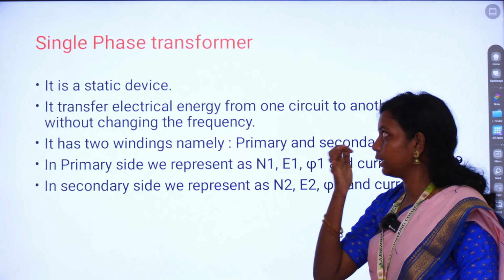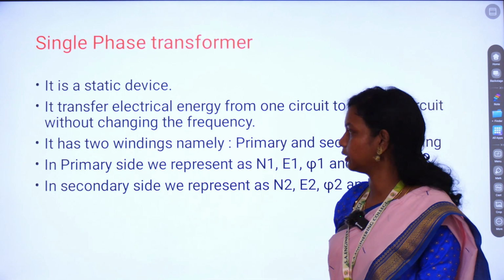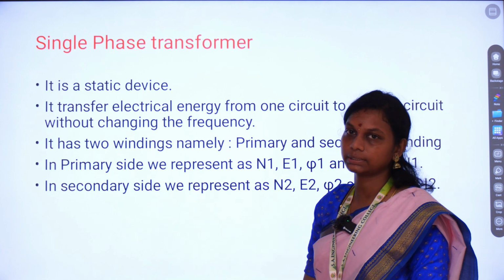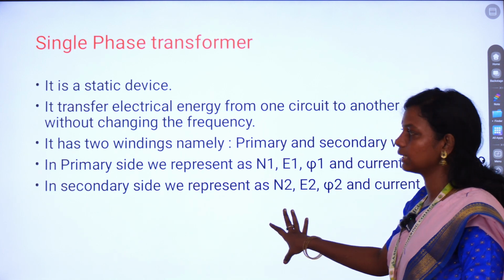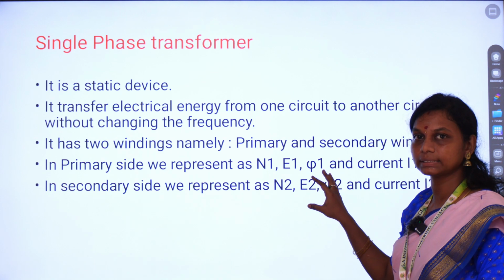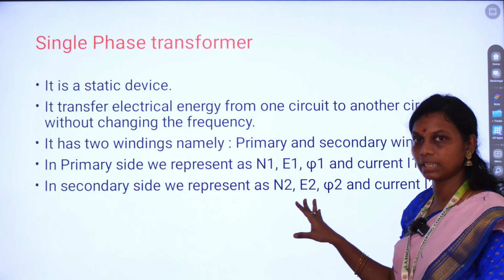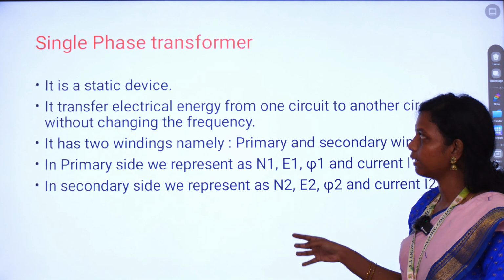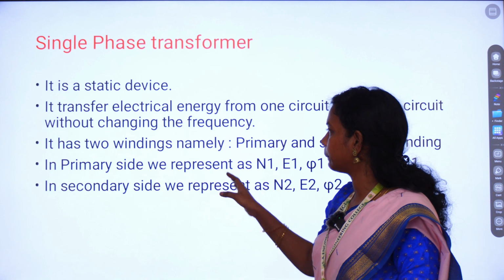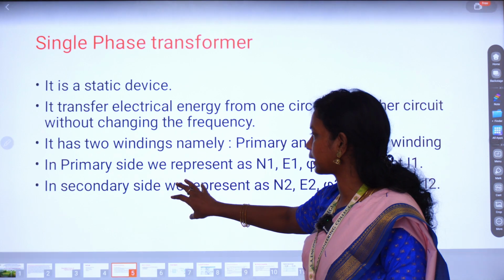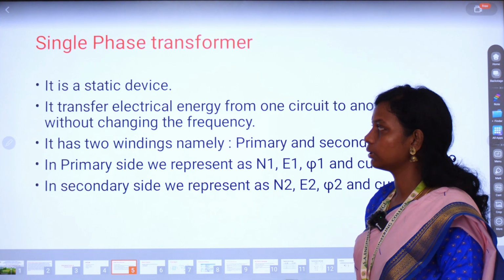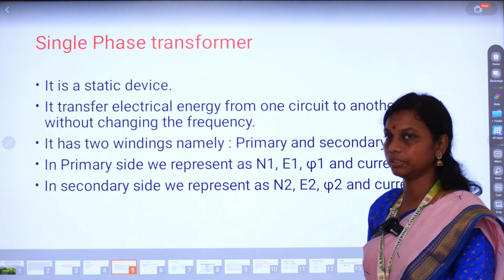So while making the transformer equivalent circuit, we have to concentrate mainly on the primary side and the secondary side. As well as in the GATE concept, the primary side is referred to as the primary and the other is referred to as the secondary. Why do we have to go for the equivalent circuit? While we have separate circuits for the primary side and secondary side, the equivalent circuit is used to simplify the circuit.